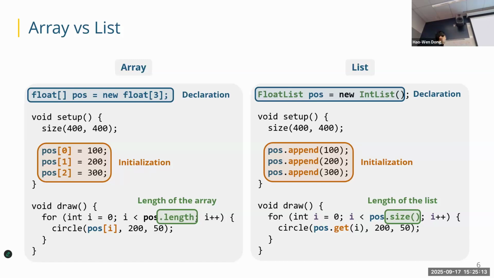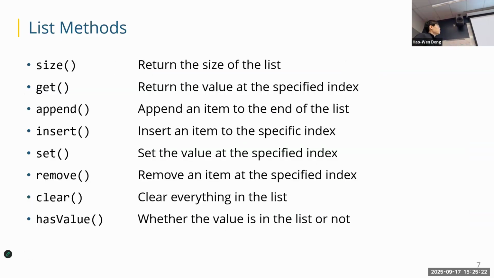Set the first one into 400. Then it will be equivalent to this thing. And remove, clear, as well as value. You can search for a value. You can clear everything. You just clear the whole list. And remove will be removing a specific index.